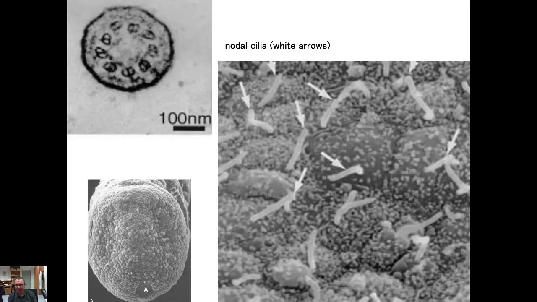These cilia are different from what you know from our general histology, because there aren't two central microtubules. These microtubules are not here, there are only nine peripheral doublets.